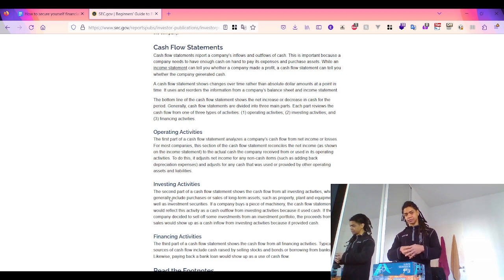Income taxes payable, money that you owe to the government.